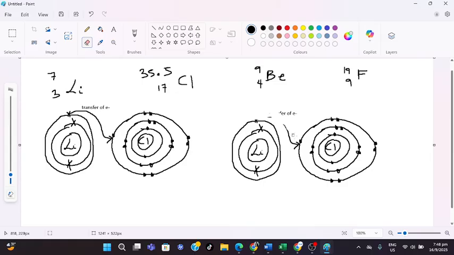And we're gonna end up with this scenario. This shell will be gone. And lithium will have transferred this electron here.